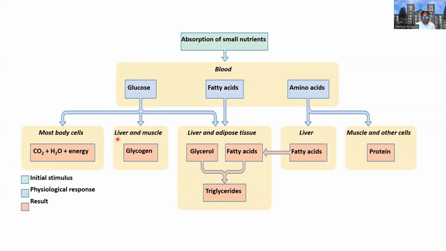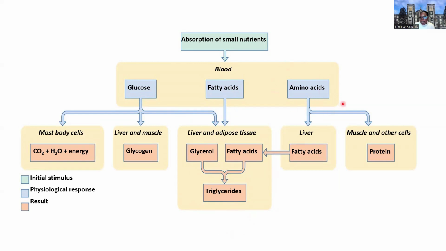So glucose can also be stored in the liver and muscle as glycogen. And then it can also be stored in fat, converted by way of triglycerides. So glucose can help build the glycerol backbone, and then fats that you've ingested can help build the fatty acids, and together those can be stored away as triglycerides.